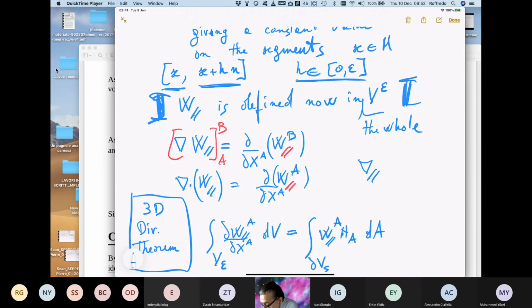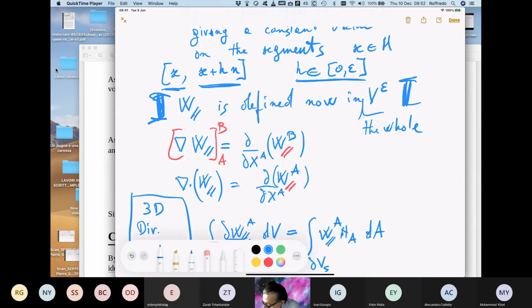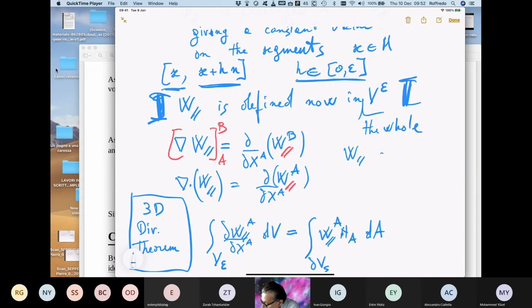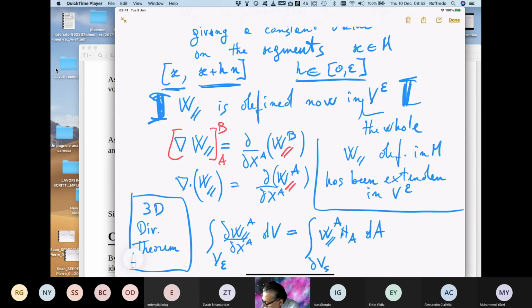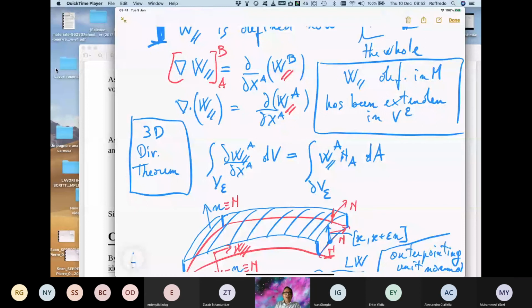Now, W parallel defined in M has been extended in V epsilon. Why did we do this? This is a typical reasoning made by clever mathematicians.